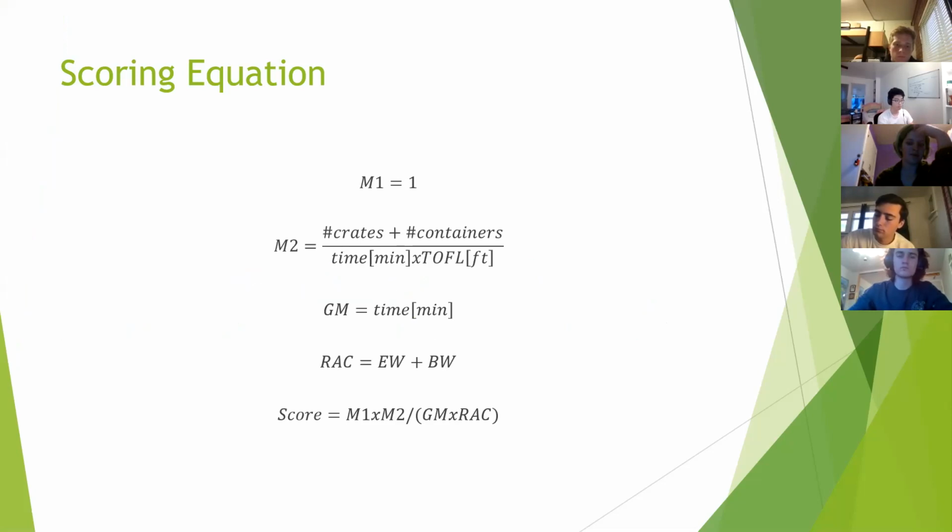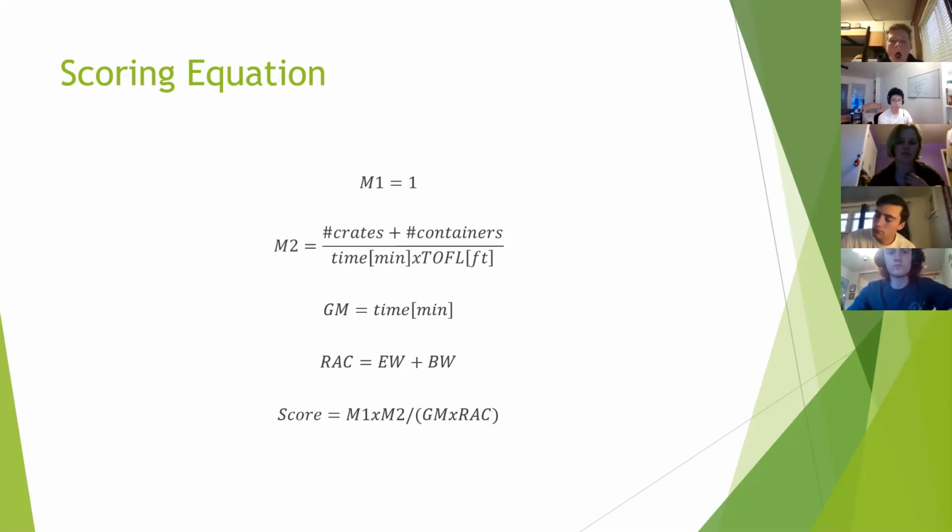What this is saying is mission 1, if you fly it, you get 1. If you don't fly it, you get 0. Mission 2, you have the number of payloads at the top, and then the time it takes to fly 3 laps and the takeoff distance at the bottom. Then you've got your ground mission, that's the time to load all of your payloads.